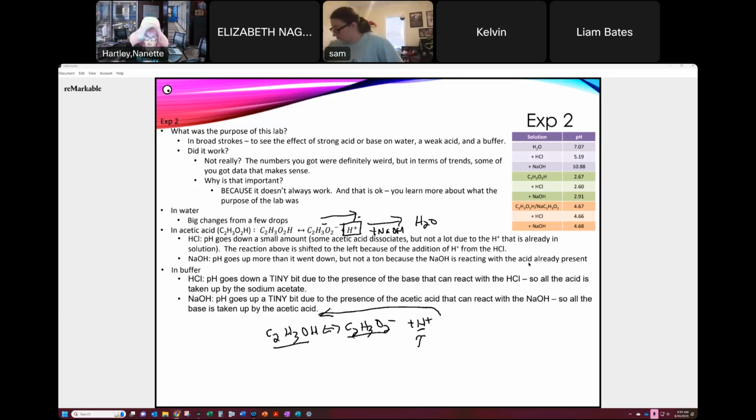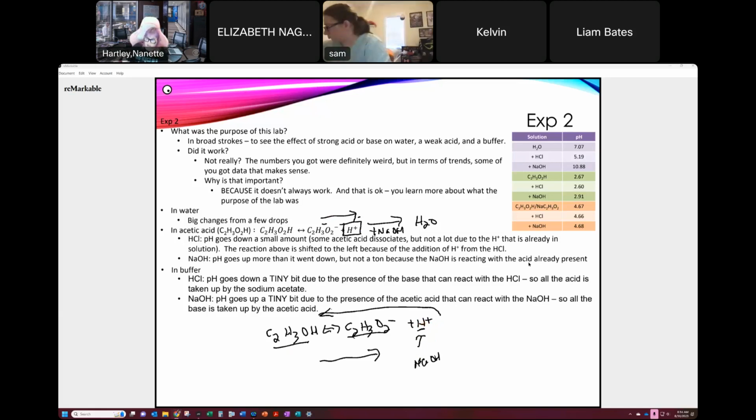Okay, when I add the NaOH to this, it does the same thing that it did before. We still are removing this H+. So since I'm removing that H+, I'm going to move forward, but I can do it less than I could before because of the presence of the acetate ion. So if I have a lot of that acetate ion around, it's capable of reacting with the H plus that's present.